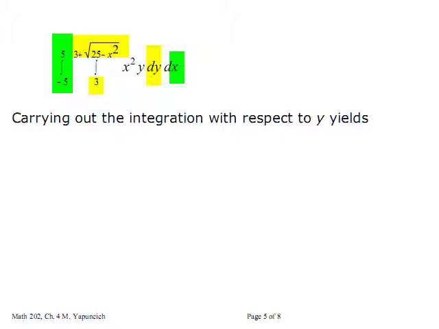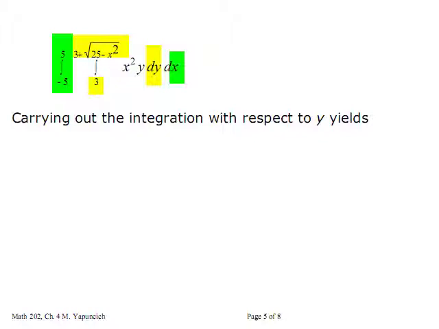As I mentioned before, if you have constant limits of integration and you have a continuous function, then it doesn't matter what order you do the integration. You could integrate with respect to x first and then y, or with respect to y first and then x.